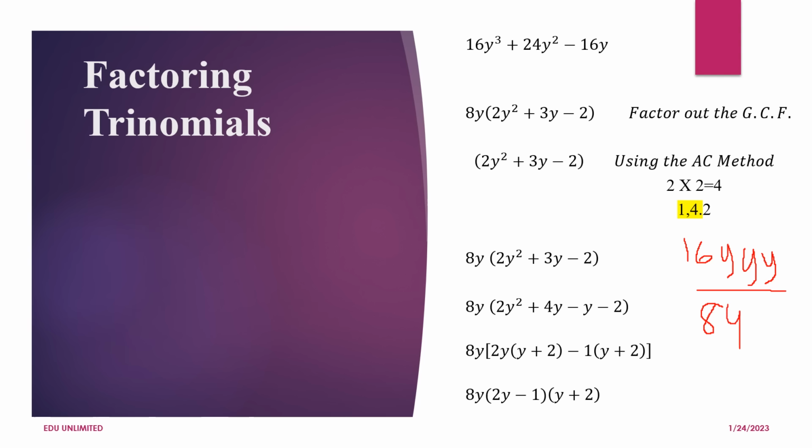So 16 divided by 8 gives us 2. Let us put the 2 here. And then this y cancels this y, so that the answer would now be 2y squared. This is one way that we can arrive at the answer.